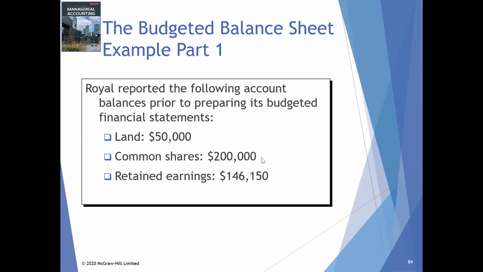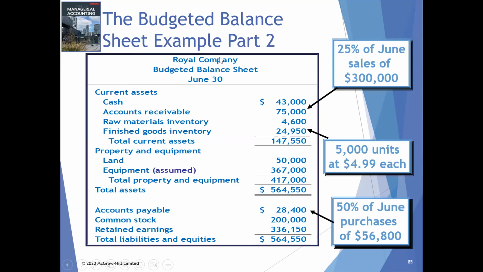Now, what is next? Next is the Royal Company budgeted balance sheet. For the balance sheet, current assets, we know the cash we have is $43,000 at the closing, which we have just calculated. Accounts receivable is $75,000. Then we have raw material inventory, because we know the 5,000 units we have, and this is the stock.